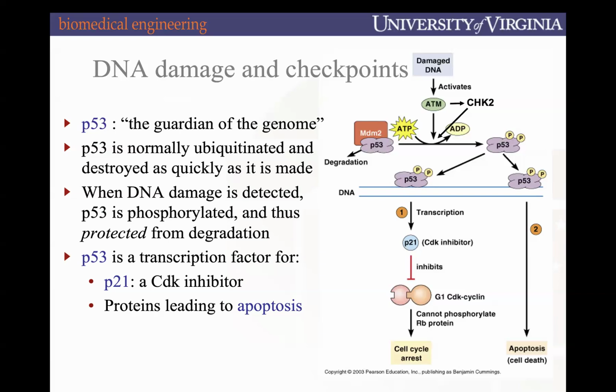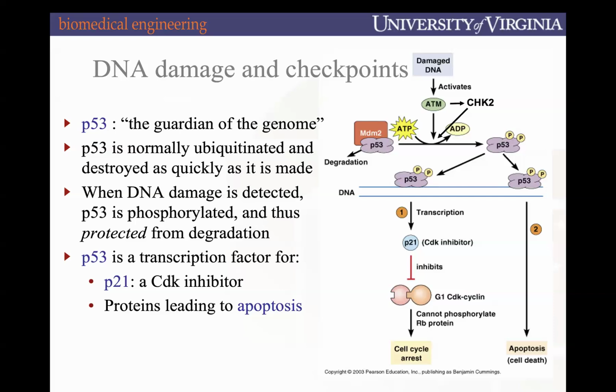Now, if it stays phosphorylated, if there's continual sensing of DNA damage, it's going to end up leading to apoptosis of that cell. It's going to undergo programmed cell death because of the extensive DNA damage that hasn't been repaired. So typically, P53 undergoes degradation when it's ubiquitinated.